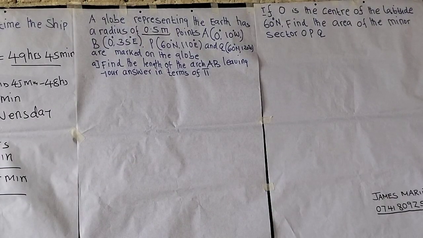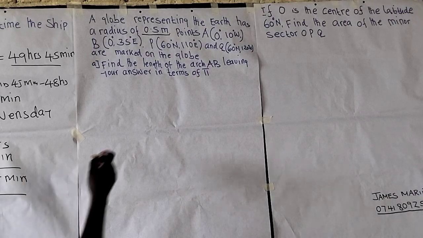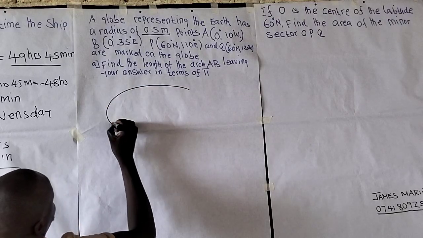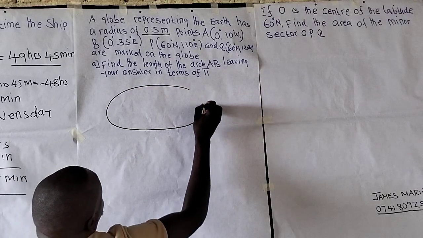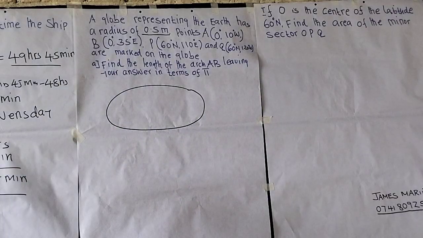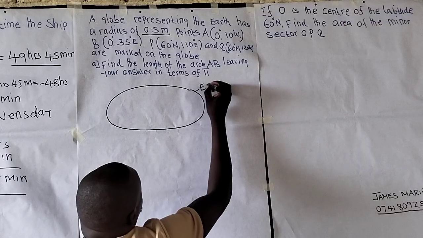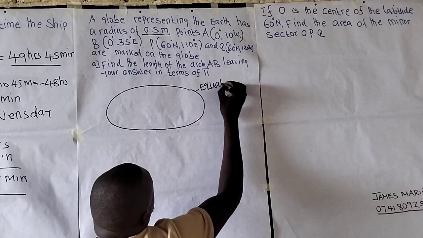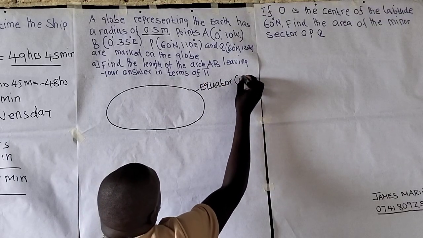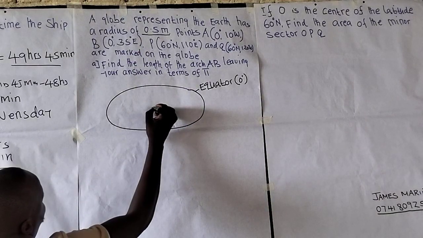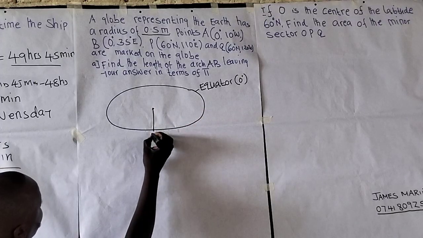So what do we do here? We can represent the two points at the equator. This is the equator, which is 0 degrees. Then I will have a Greenwich meridian here, which is 0 degrees.